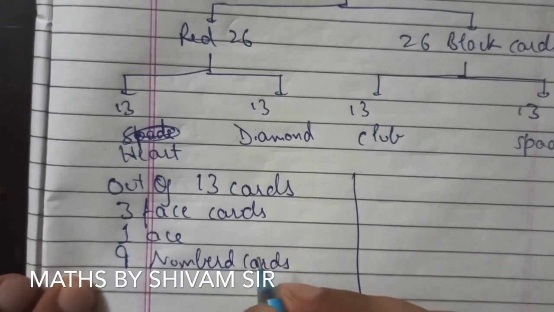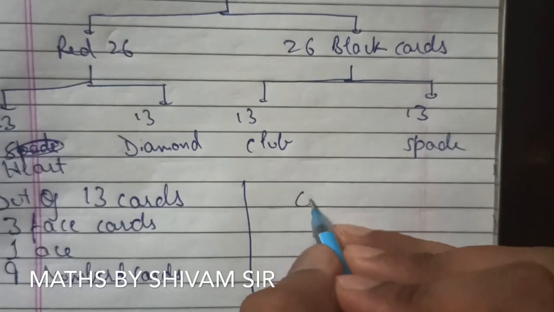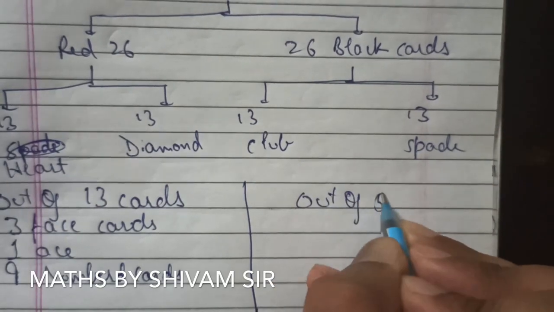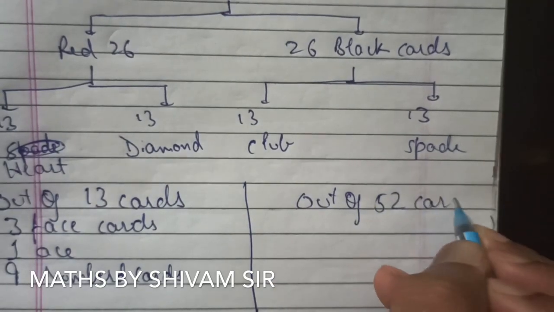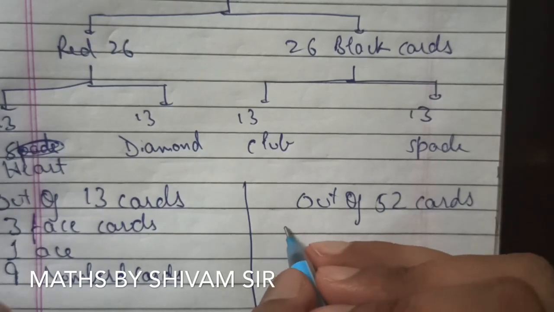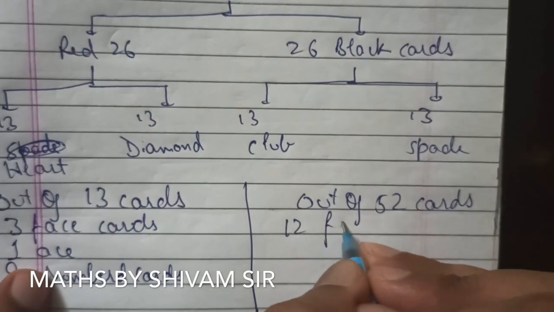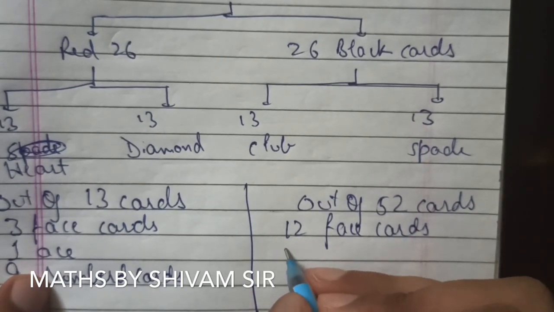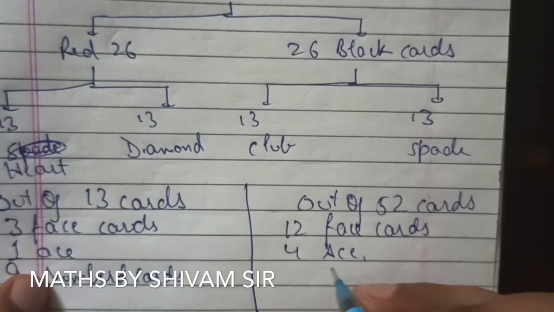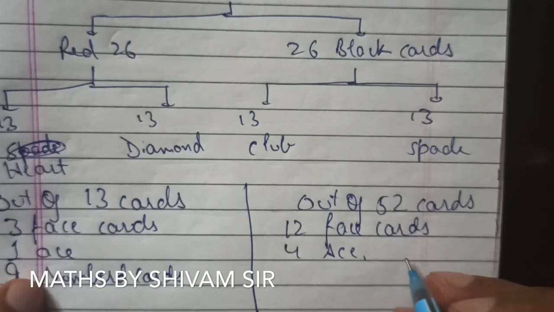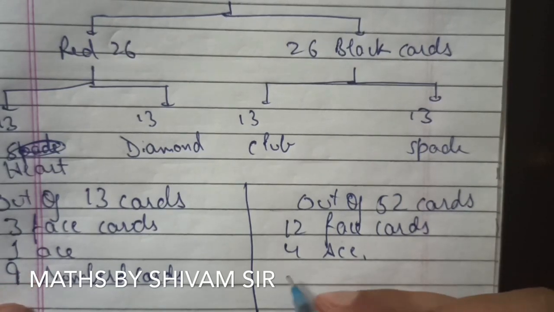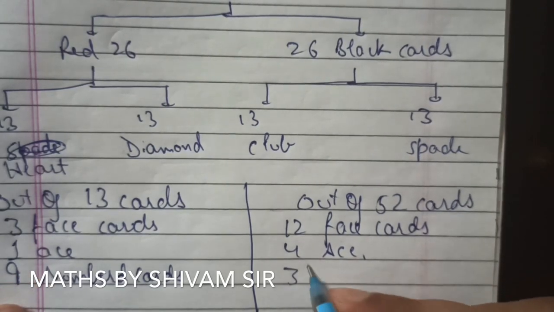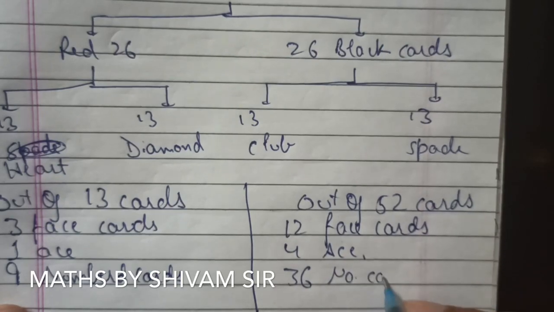Out of 52 playing cards, we have 12 face cards and 4 aces, 4 of each type: 4 ace, 4 king, 4 queen, and 36 numbered cards, right?